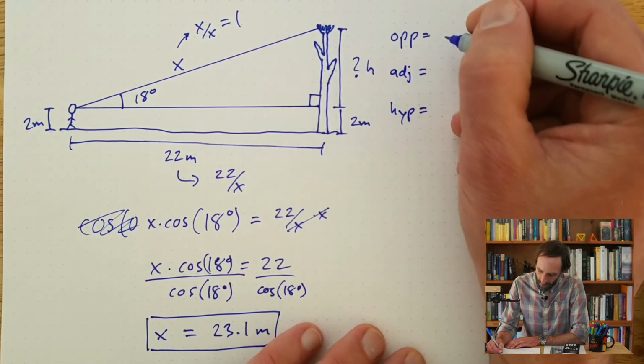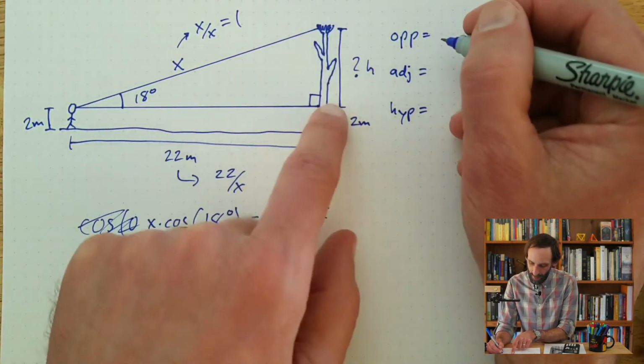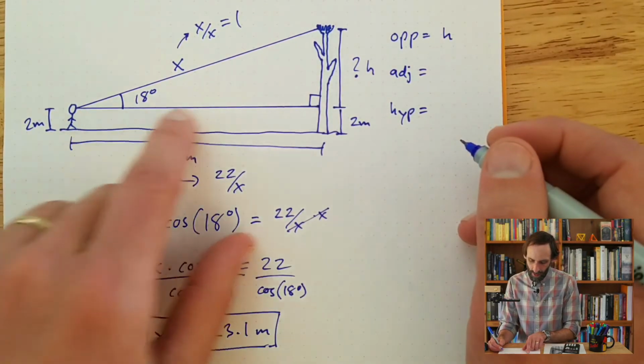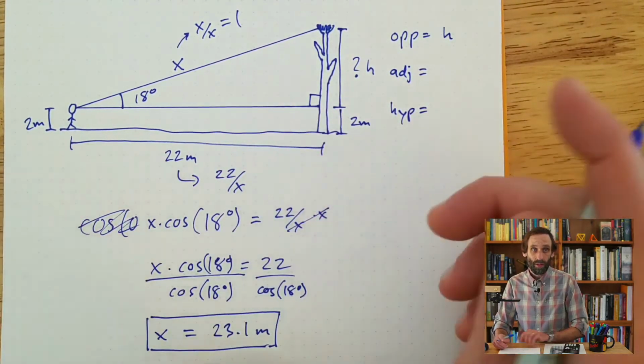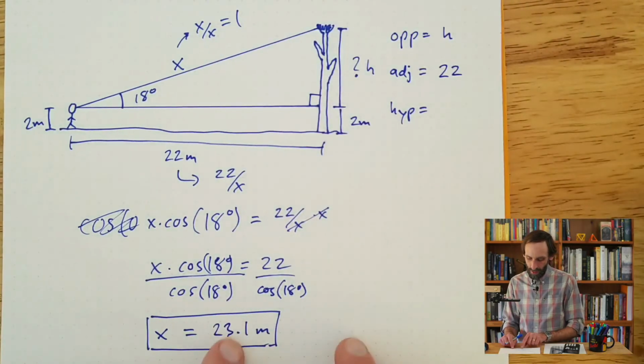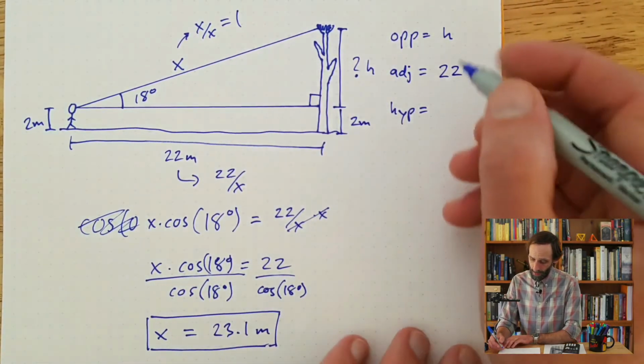So in this particular situation, the opposite is the thing I want to find out. So that's going to be h. The adjacent is this length right here, 22. And the hypotenuse, I actually do know it now. It's 23.1.